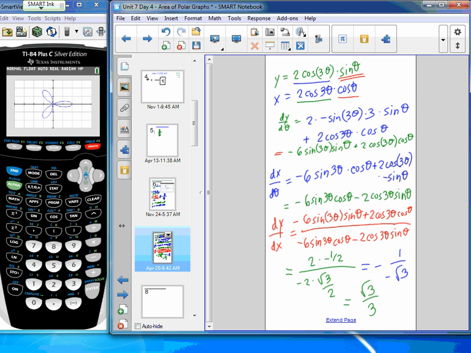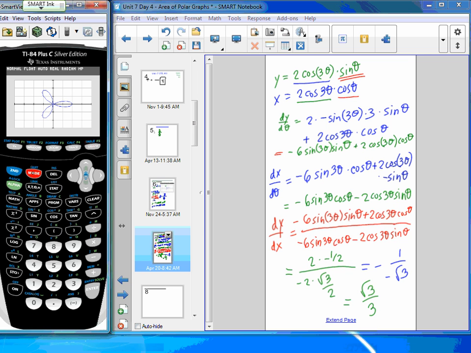Moment of truth. I'm going to get a decimal approximation for root 3 over 3. And now I'm going to go to the graph, and I'm going to do second calculate. And check it out. In polar mode, it gives me the option for dy d theta. Did you guys see that?